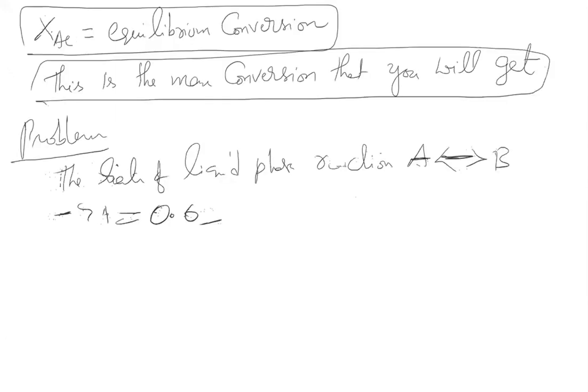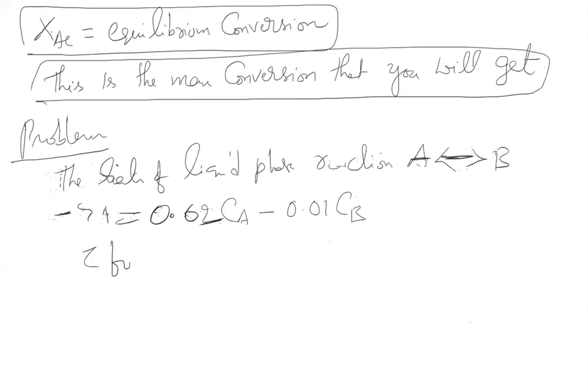The rate is minus RA equals 0.02 CA minus 0.01 CB.